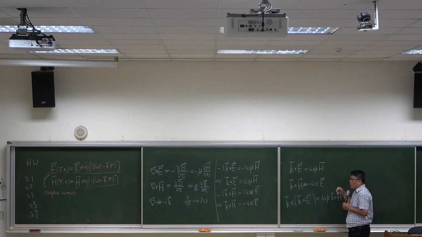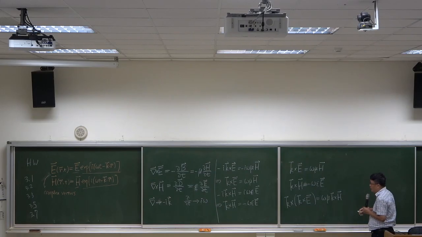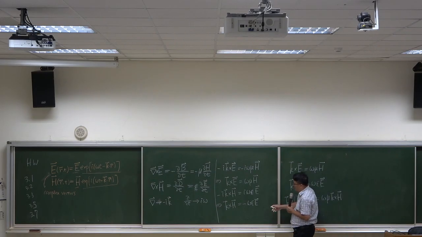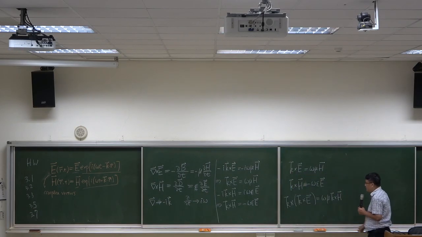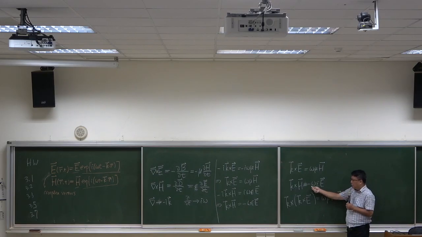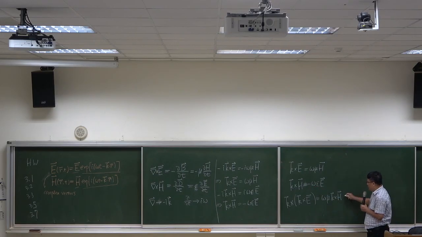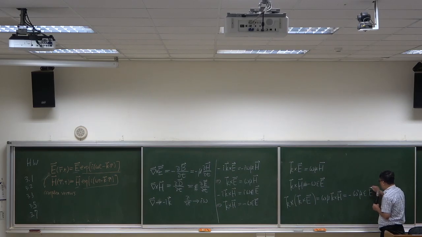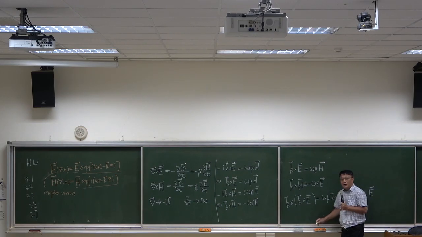We assume only epsilon is a matrix and mu is a number. Then since k cross H is equal to minus omega epsilon E, we now have minus omega squared mu epsilon times E.